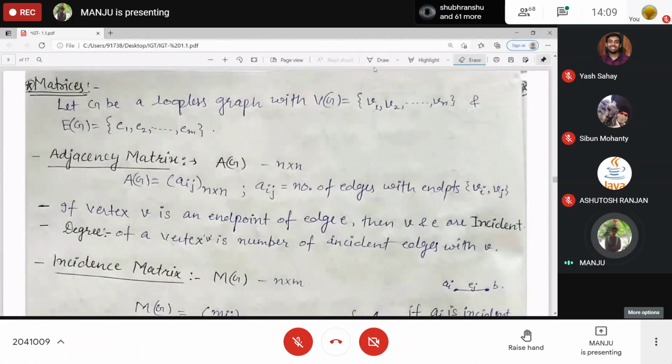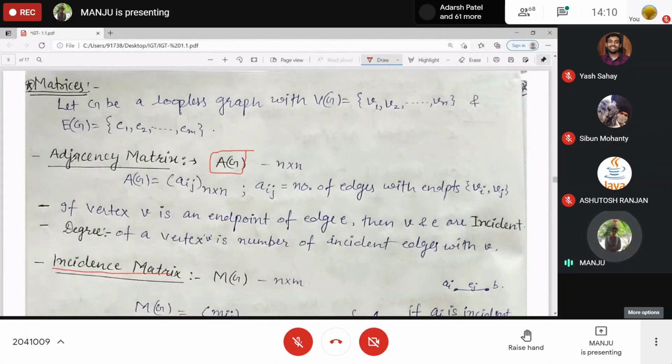What about this one? Have you started matrices or not? No, ma'am. Okay. So we'll write two types of matrices. We'll form two types of matrices for a loopless graph. One is the adjacency matrix, represented by AG, and another is the incidence matrix, represented by MG.